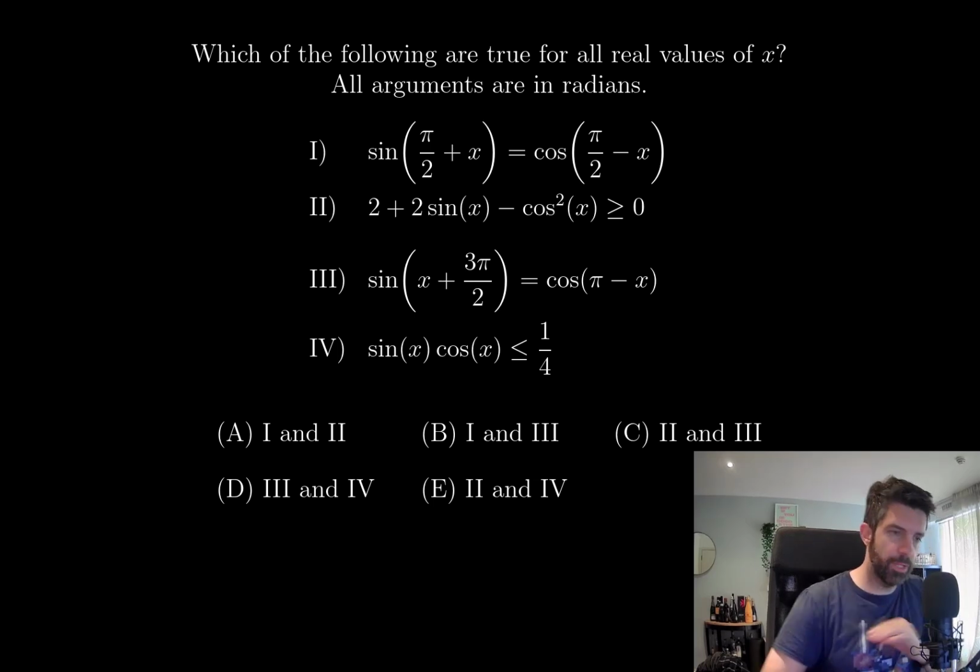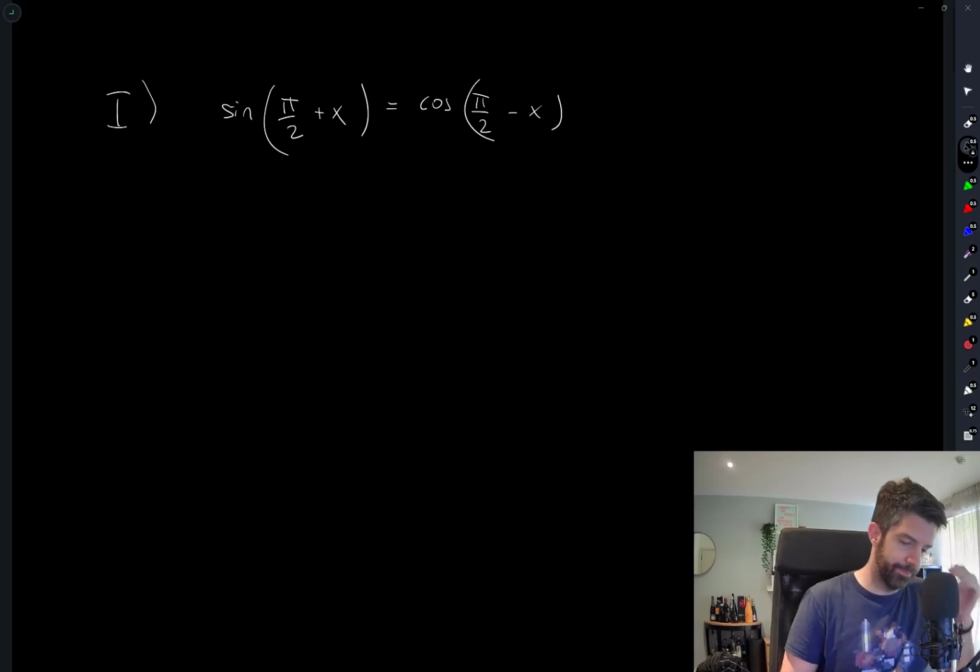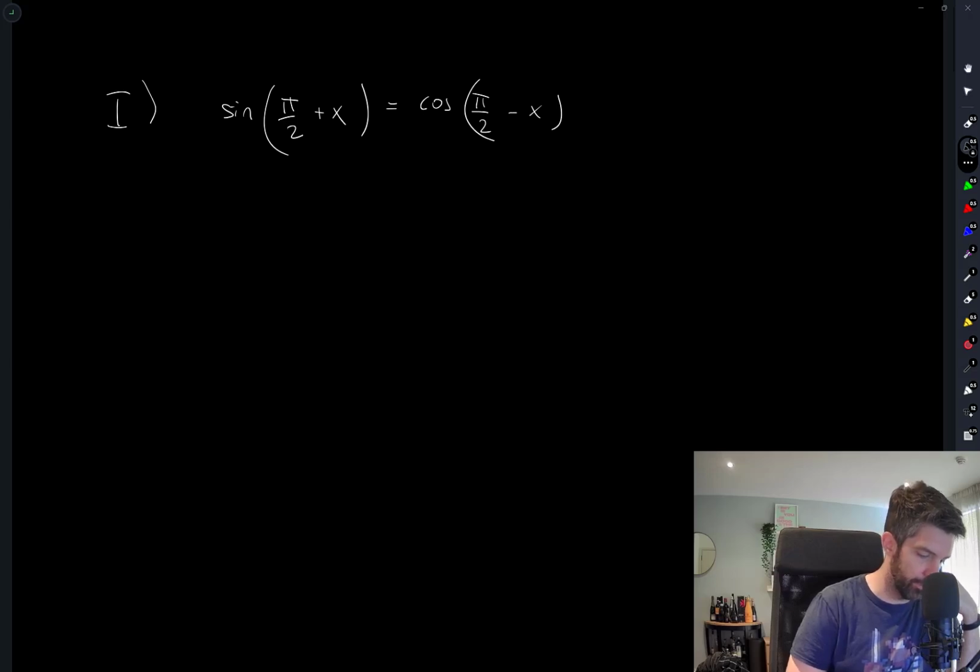So let's go through them one at a time and give reasons for why each one is or is not true. The first is sine of pi over 2 plus x is equal to cosine of pi over 2 minus x. So sine of pi over 2 plus x is just equal to cos x, isn't it?